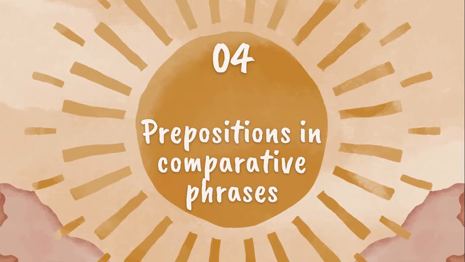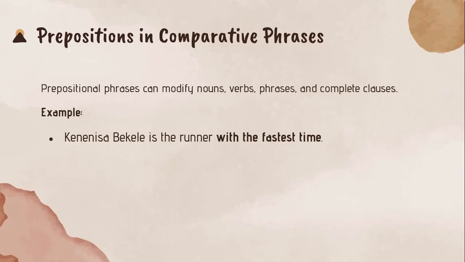In section 4, you are going to see prepositions in comparative phrases. But firstly, let's see what prepositional phrases are. Prepositional phrases can modify nouns, verbs, phrases, and complete clauses, as you know. In this example, Kananisa Bakkala is the runner with the fastest time.